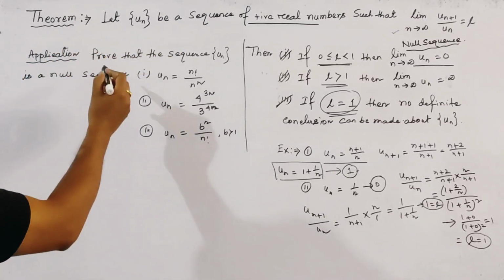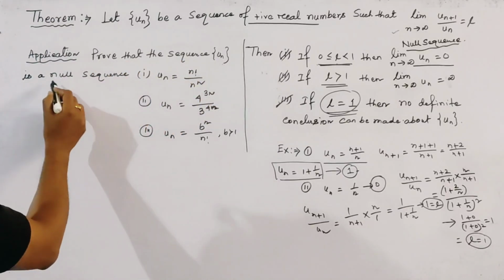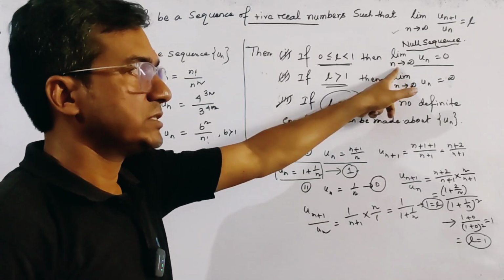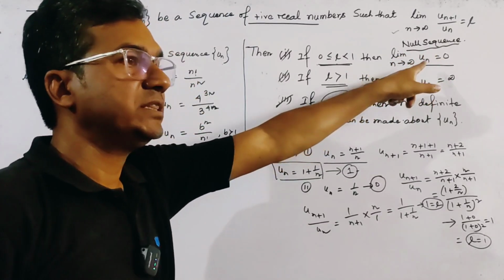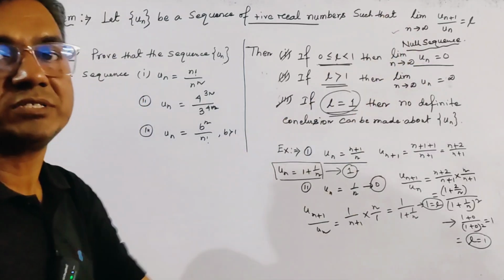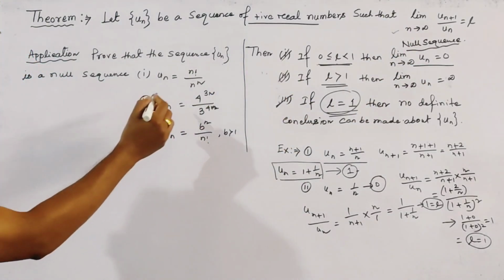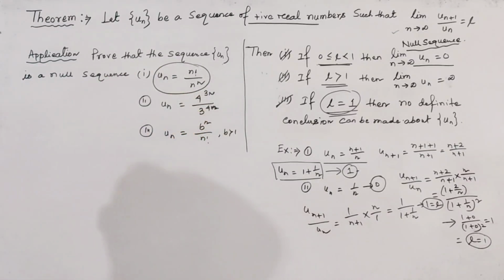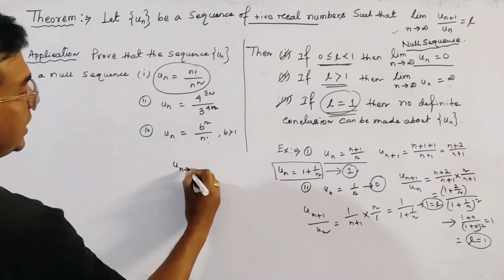Here it is given that prove that the sequence un is a null sequence. We already said what a null sequence is. If the limiting value of un is equal to 0, then this type of sequence is said to be a null sequence. So for the first case, if we take un as this, we first find un plus 1.